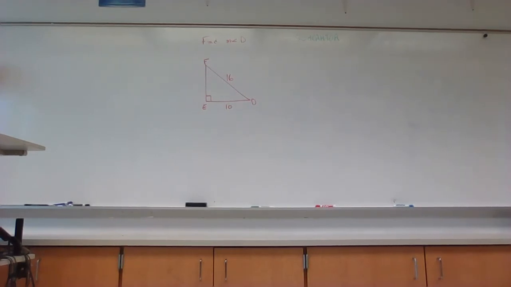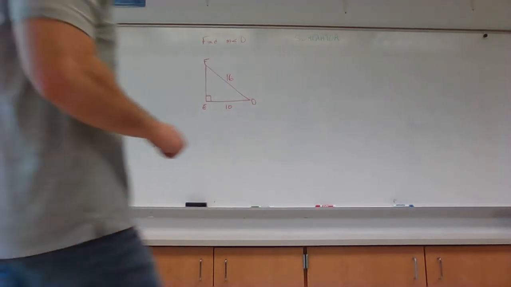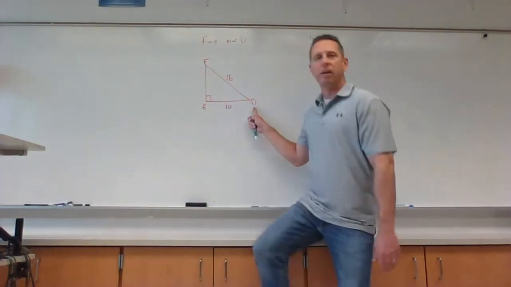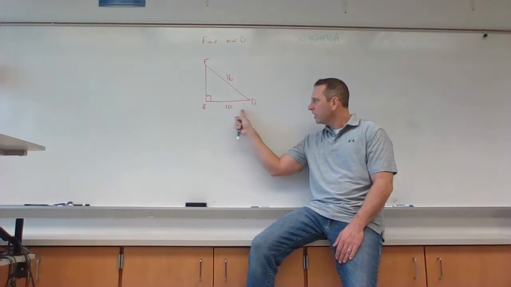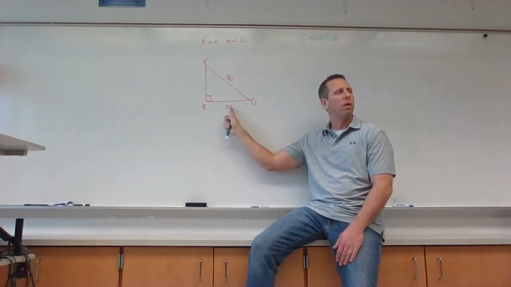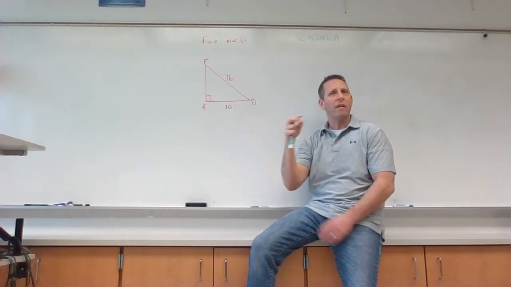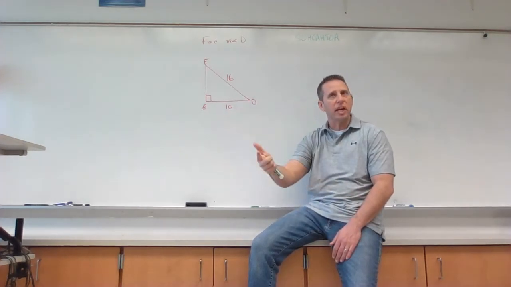Now, the first thing we need to do is figure out which trig ratio we're going to use. So it all goes with what angle we're trying to find. In relationship to this angle, what is this side that we know? We have an opposite side, we have an adjacent side, we have a hypotenuse.